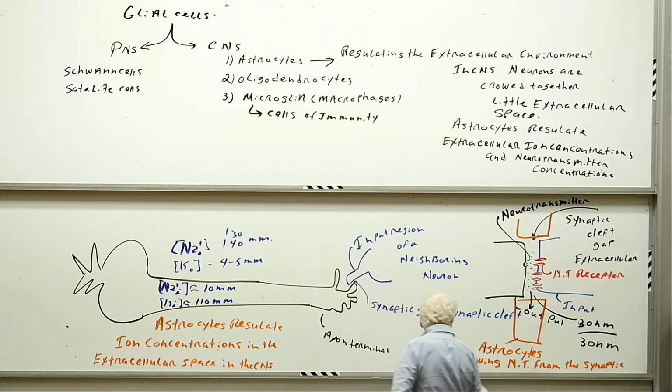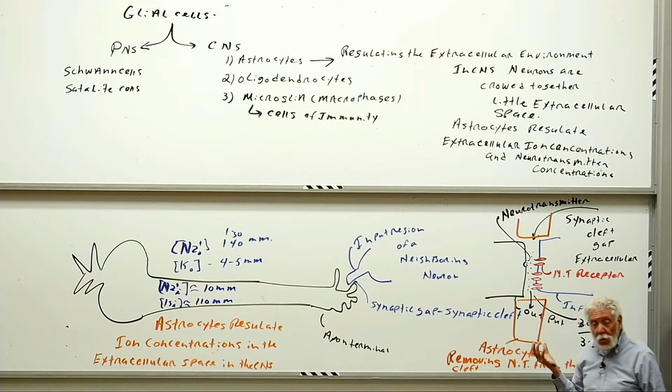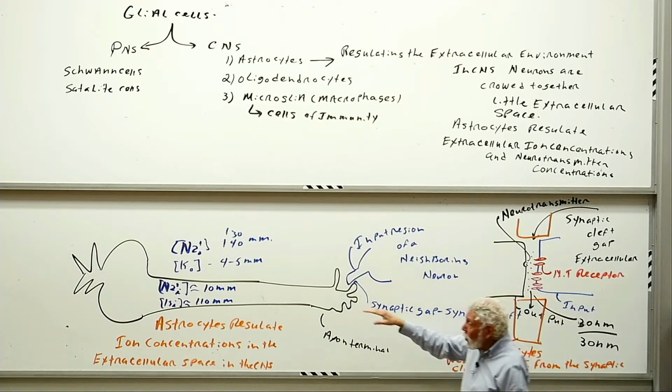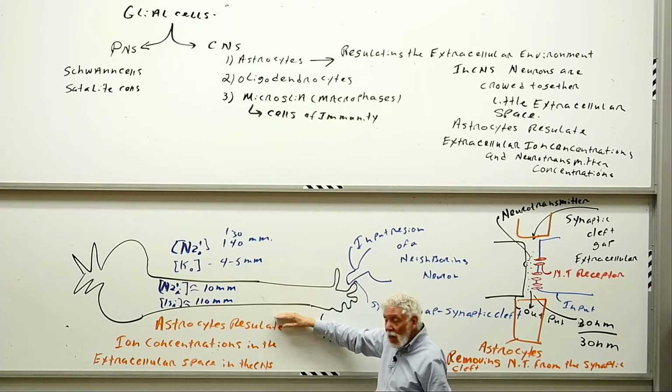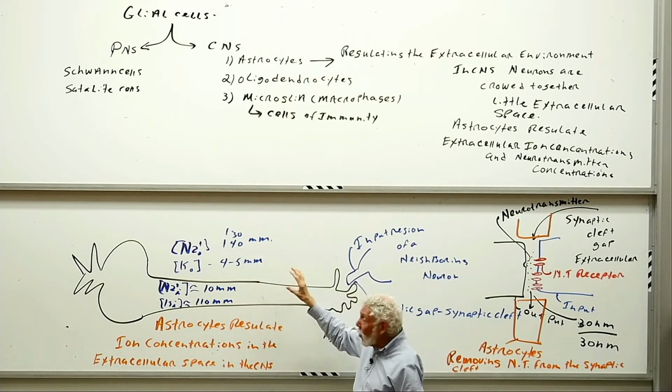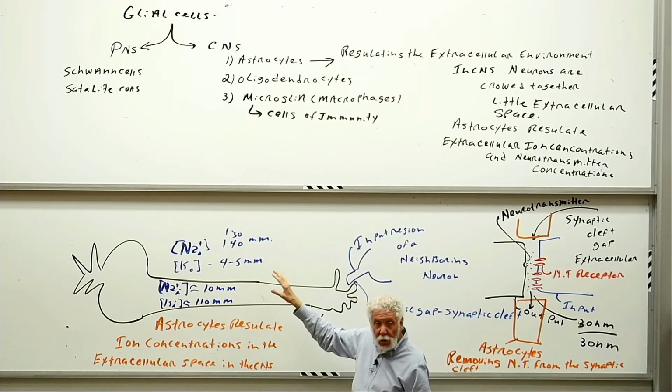So when you think about astrocytes in the central nervous system, think about them as maintaining the environment for neuronal function. If the environment in this restricted volume of extracellular space in the brain and spinal cord, if that set of ions gets out of regulation, then the whole system breaks down.